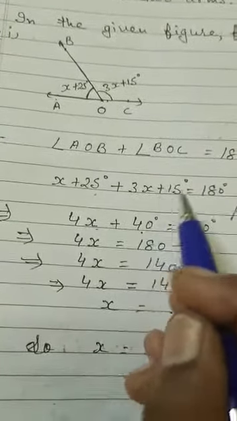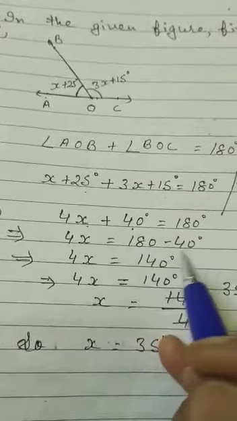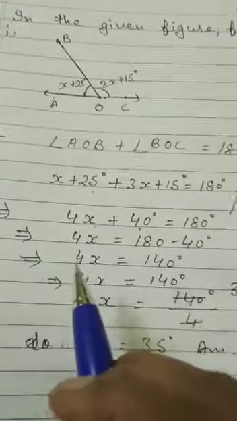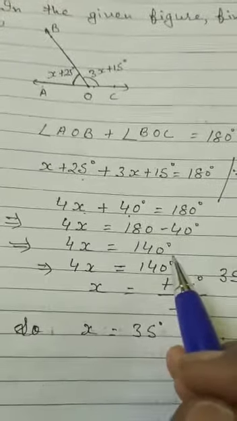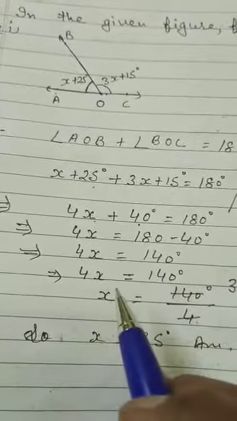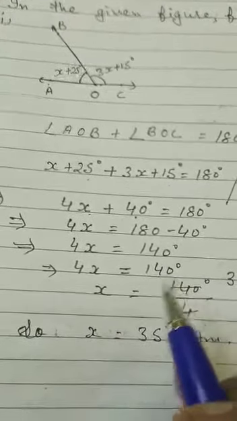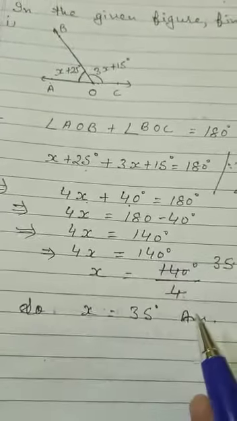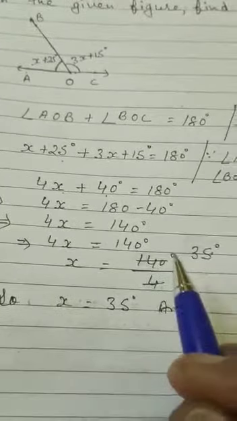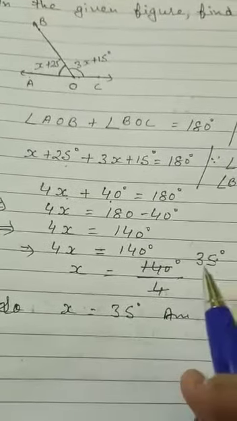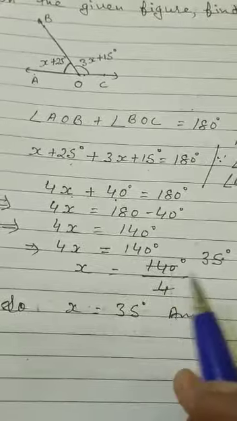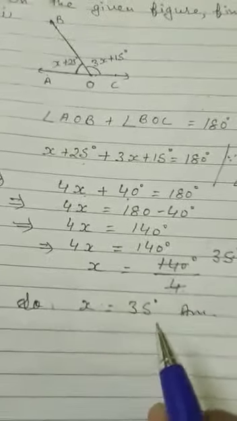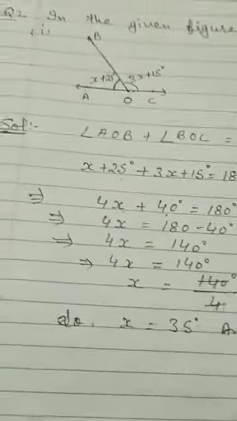Now take this 40 to the right hand side, it becomes minus 40. 4x equal to 140 degrees, and x is equal to 140 divided by 4. In the table of 35 we can cut 140 degrees. Answer: x is equal to 35 degrees.